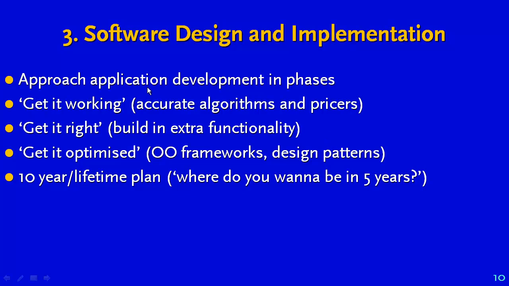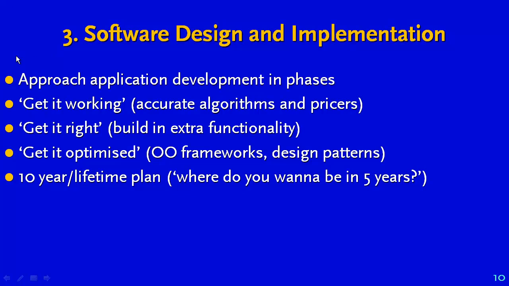So the whole point is, for example, if you're doing an option pricer in finite difference, that the results are correct, and later on you can make it more flexible. And getting it right means building in more functionality, so different kinds of solvers, different kinds of options, and so on. And get it optimized, you make it beautiful with frameworks and design patterns.